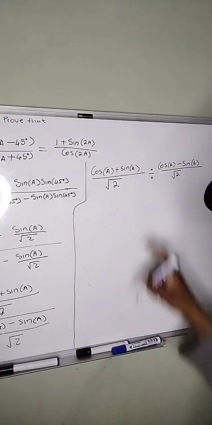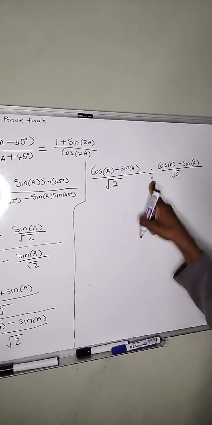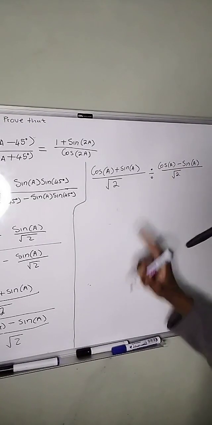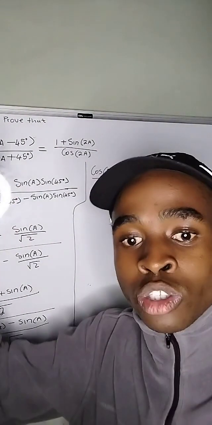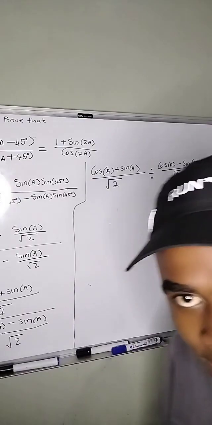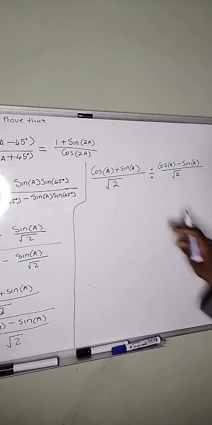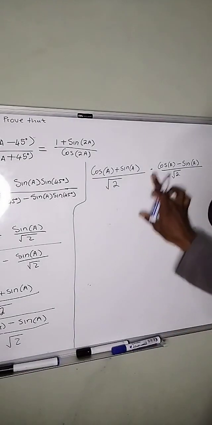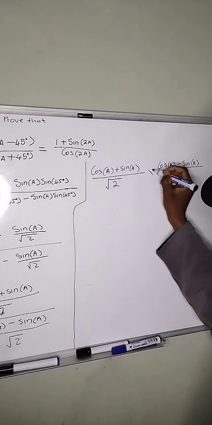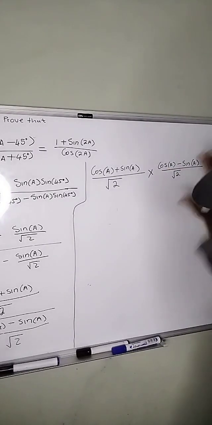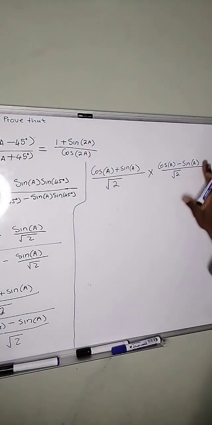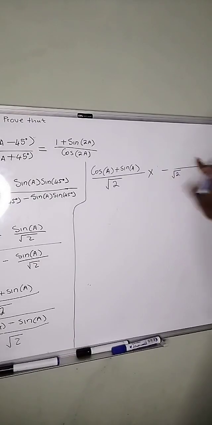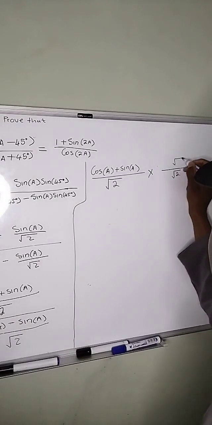And now I change this to a multiplication. And whoever was under, they come on top. Whoever was on top, they come under. Understand? So I'm going to change this sign into a multiplication for the sake of the space. And I'm going to say at the top, I'm going to have my root 2.